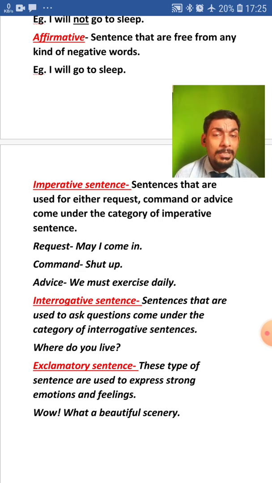And in this whole sentence, wow is an exclamatory word. If you can note, I have given an exclamation mark after writing wow, because exclamatory types of sentences end with an exclamation mark.